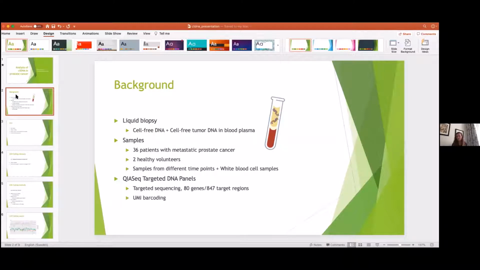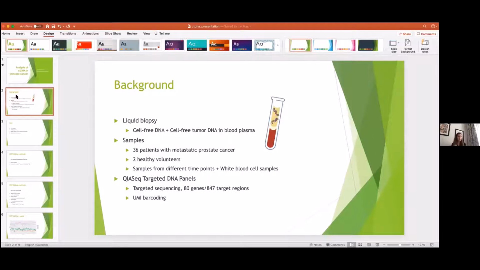By using continuous blood sampling, you can monitor cancer, and that's a promising application of liquid biopsy. But as I said, one of the challenges is that the fraction of circulating tumor DNA is very small in the blood. So most of the DNA you will find is naturally occurring cell-free DNA.